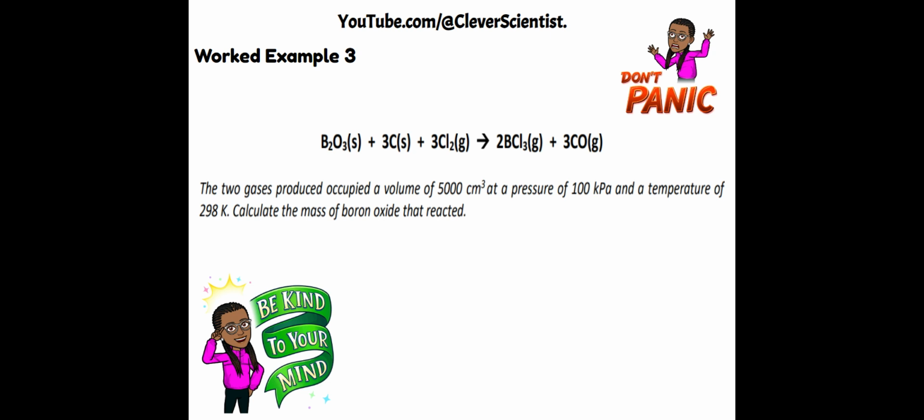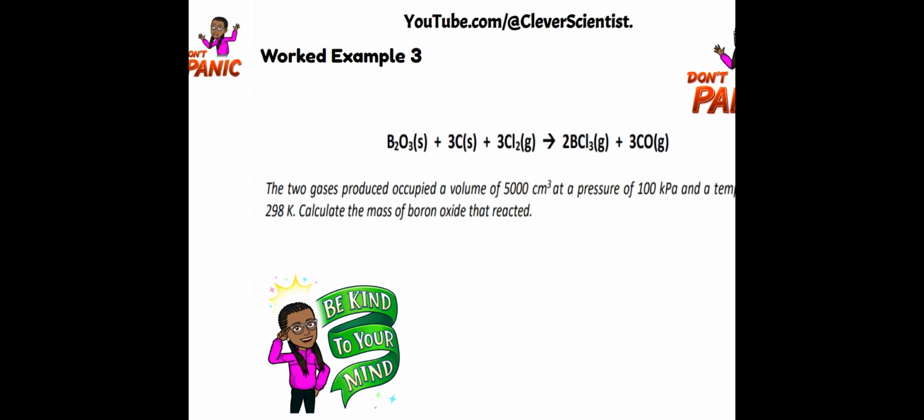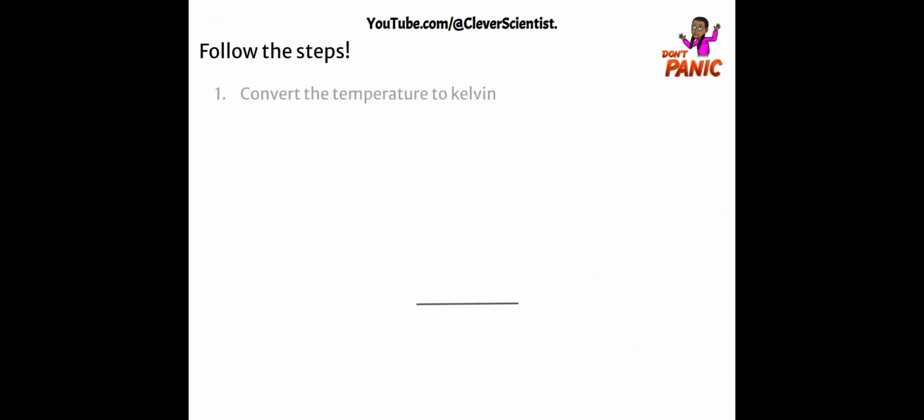And it says in the question, two gases produced occupied a volume of 5,000 centimetres cubed at a pressure of 100 kilopascals and a temperature of 298 K. Calculate the mass of boron oxide that reacted. So now we've not been asked to find a volume, but the mass of one of the reactants. And guess what? We can do this using the ideal gas equation.